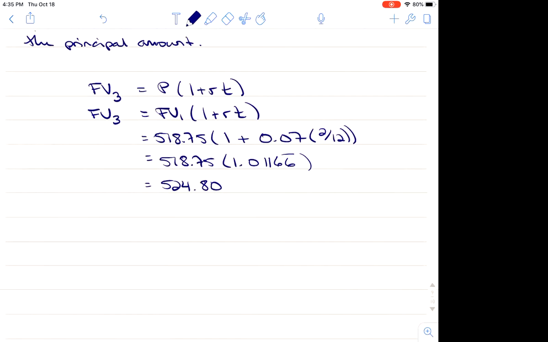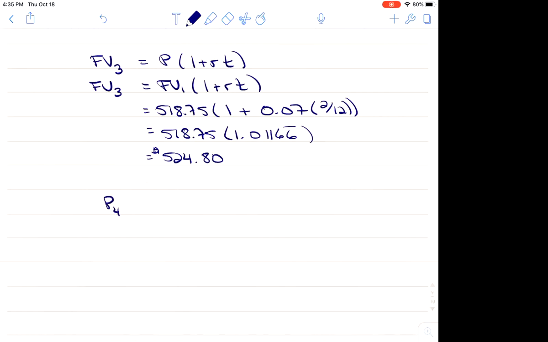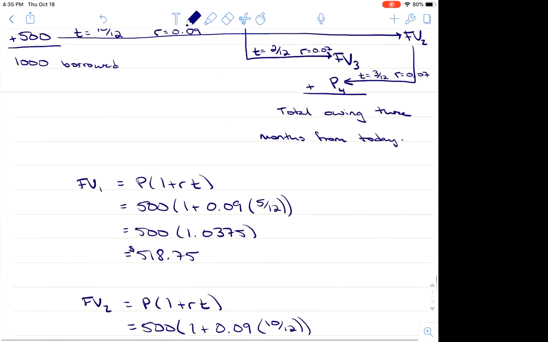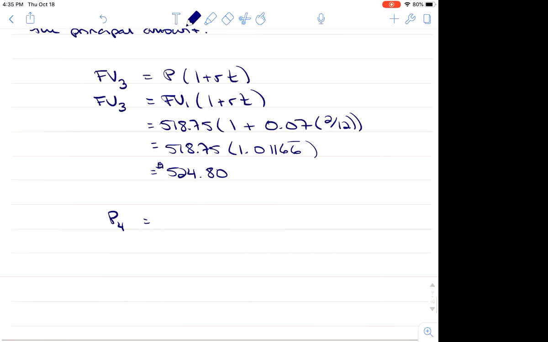So now we can find P4. P4 uses future value 2 as the future value. P4 is future value 2 over 1 plus RT.